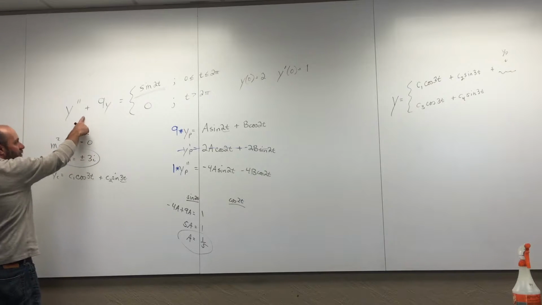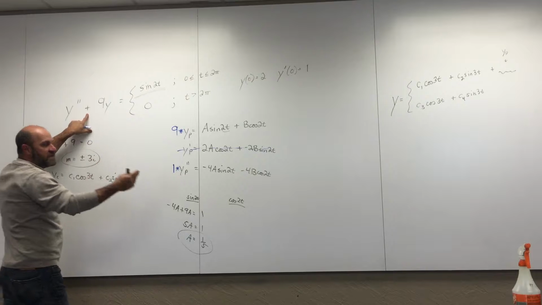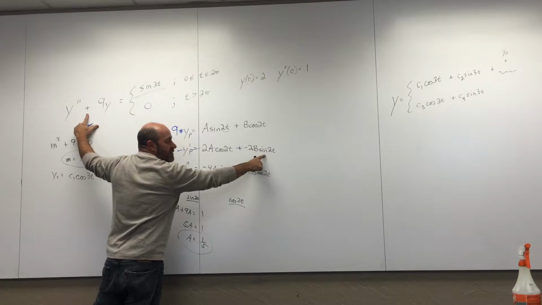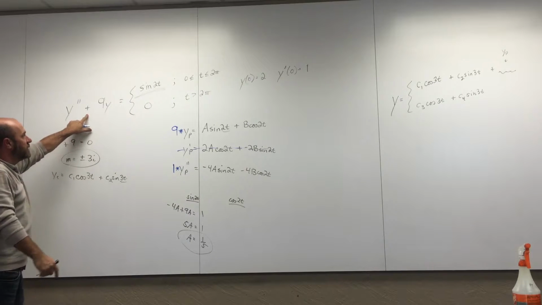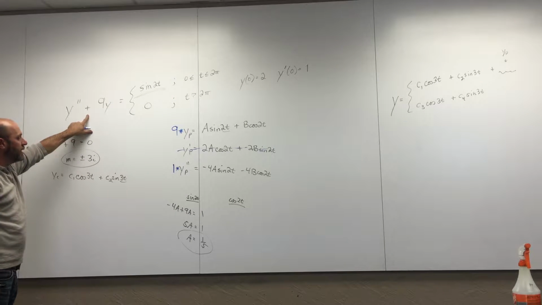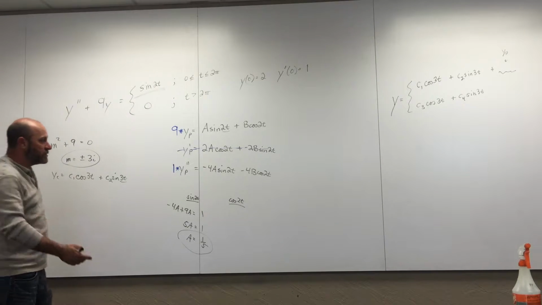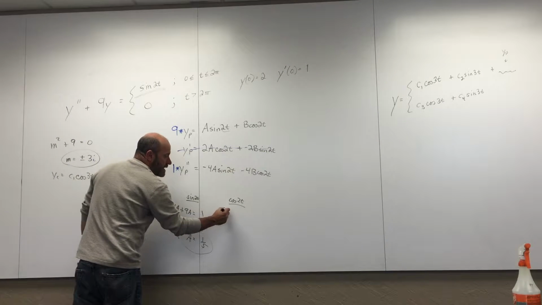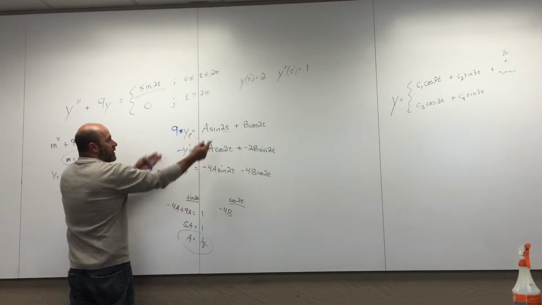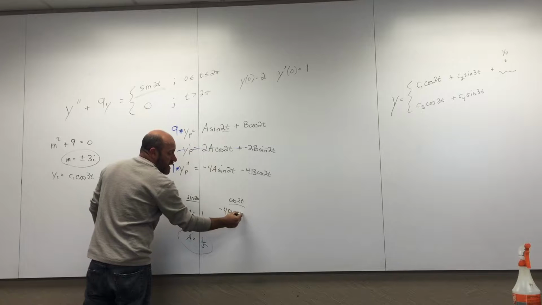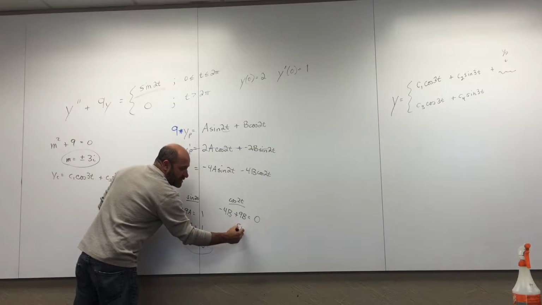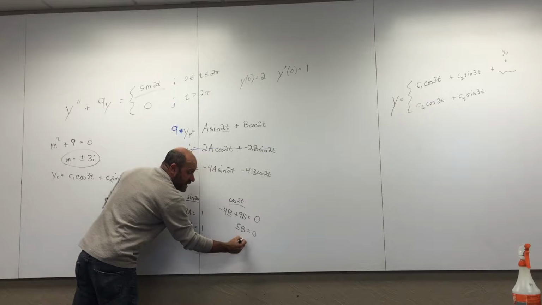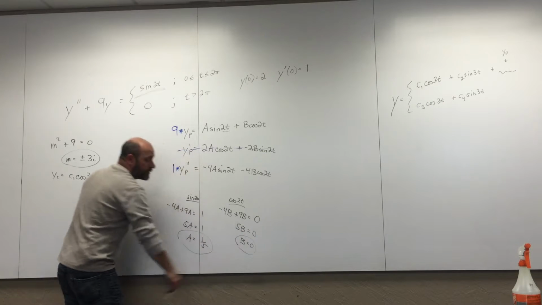If there was a y prime in this problem, there would be some b's, and there weren't any. Here we go, cosine: negative 4b, and up here 9b, and what does that add up to? 0. That's 5b equals 0. No big deal. B is 0.